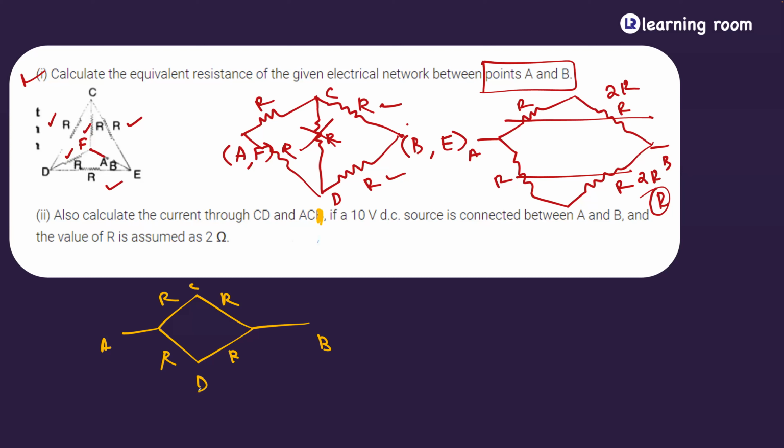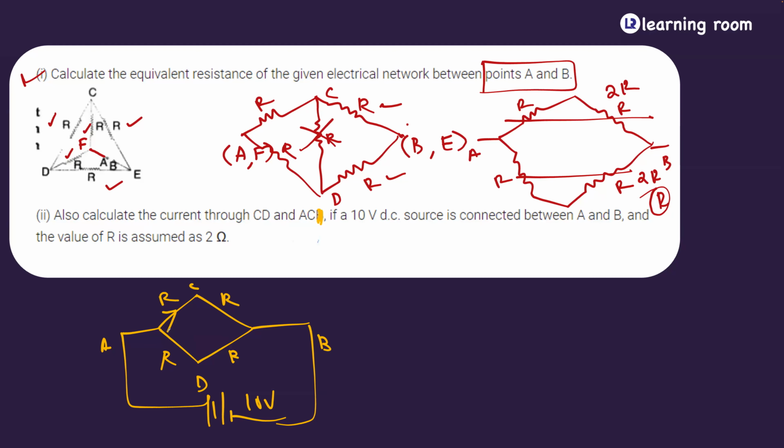They're asking what is the current through CD? 0. Balanced Wheatstone bridge. Current through CD is 0. So if a 10 volt source is connected between A and B, what is going to be the current through AC?